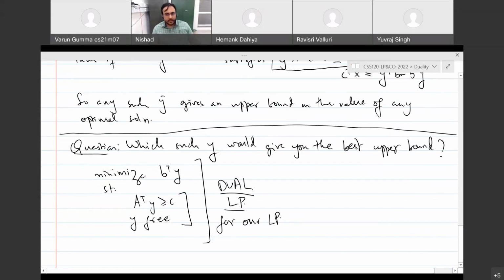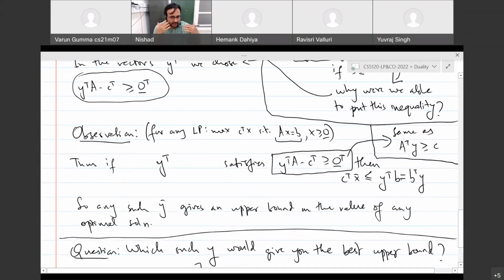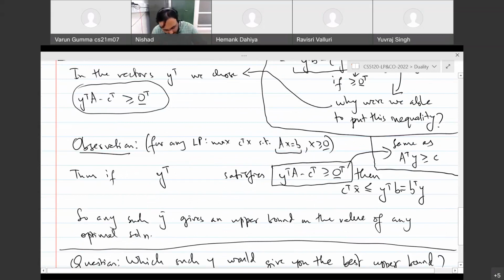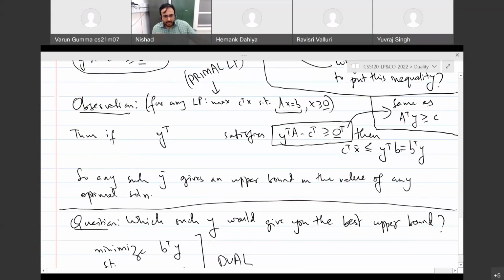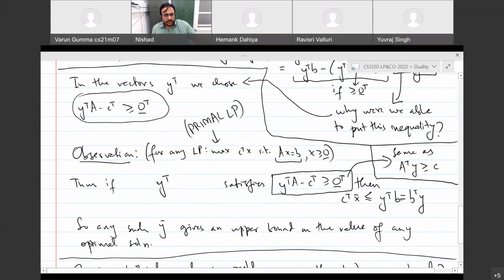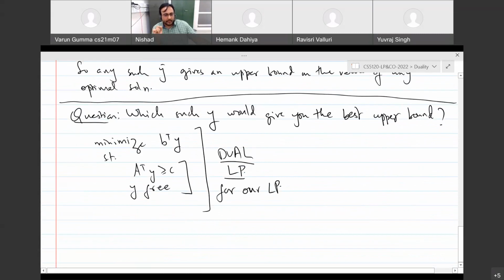If your original LP is called the primal LP, then for every linear program, there is a dual LP. And in this particular case, when your primal LP looks like this, your dual LP is exactly what we found.